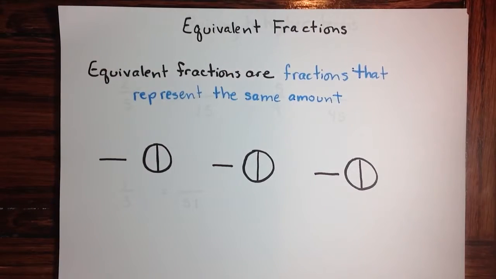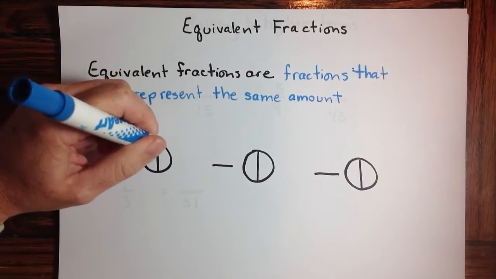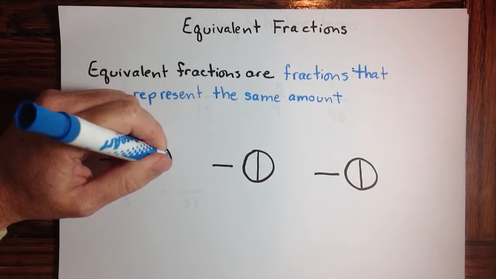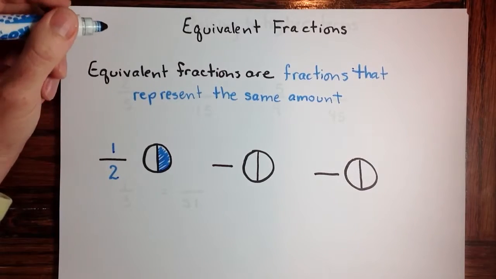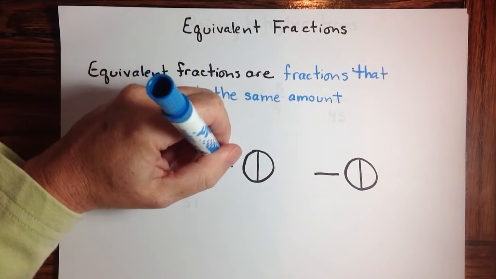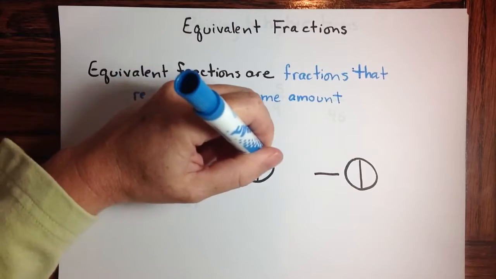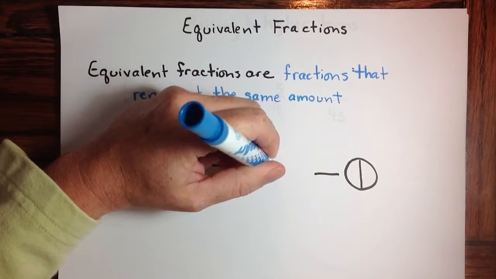So if we think of it like pizza, if you have a half of a pizza, if you took that half of a pizza and you cut each of that half in half again, you would still have the same amount of pizza.